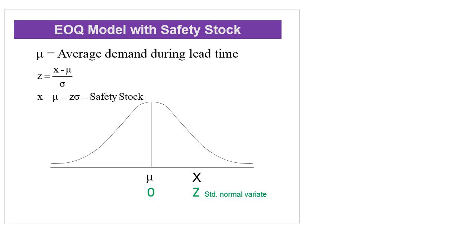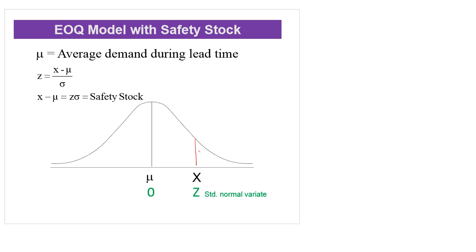And setting this thing up on its side where we can see it, first off, just assume that mu is equal to our average demand during lead time. And you'll remember from statistics that z, the standard normal variate, is going to be equal to x minus the mean over the standard deviation. Accordingly, from our formula that we just saw, x minus the mean is going to be our safety stock, this point right here.